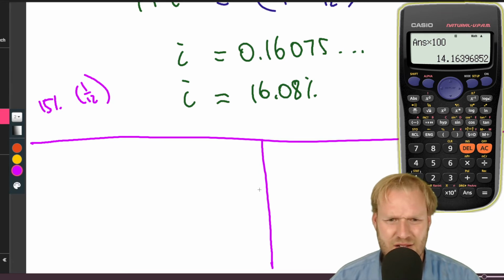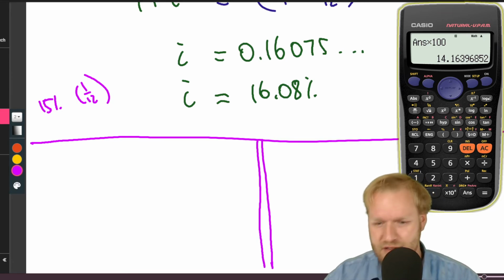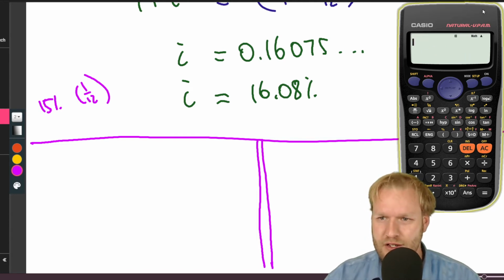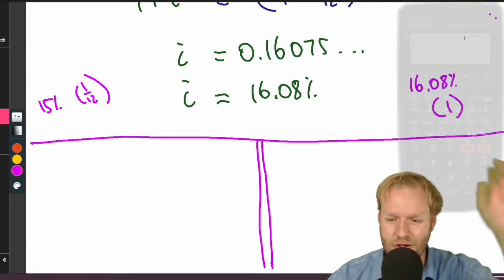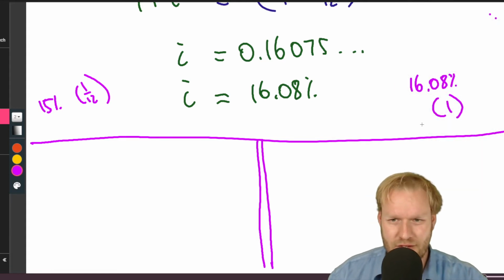Now let's actually test that. We said that's our answer. Let's check whether it even makes any sense. So let's invest 100 Rand.